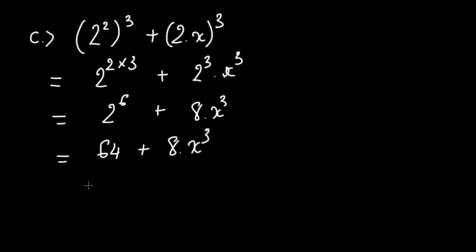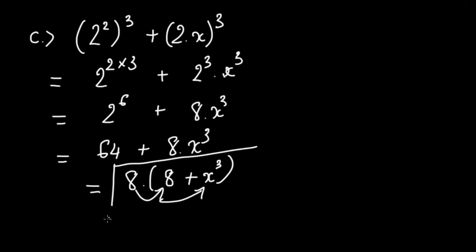We notice we can put 8 outside right here, and then inside parentheses we have 8 plus x to the third, because 8 times 8 is 64, 8 times x to the third is 8 times x to the third. This is the final answer for question C.